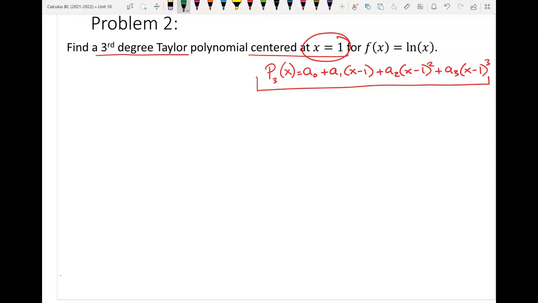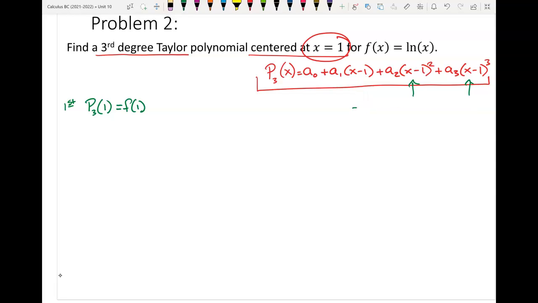We're going to start with finding a sub 0. So that's going to be setting our polynomial, plugging in 1, equal to the function at 1. If I plug in 1 to each of these, all these are going to equal 0, all the way through.